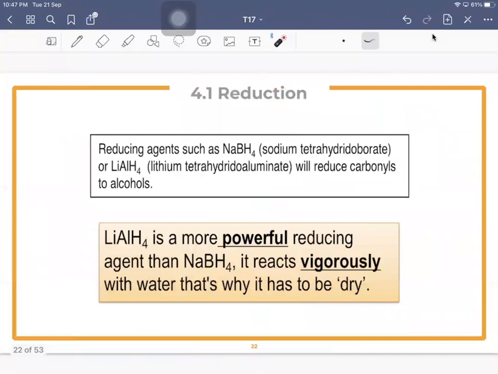Okay. The next slide is just, again, I've mentioned this, why lithium aluminum hydride needs to be in dry ether. It cannot come in contact with water, otherwise it will react vigorously with lithium aluminum hydride and reduction reaction will not happen.